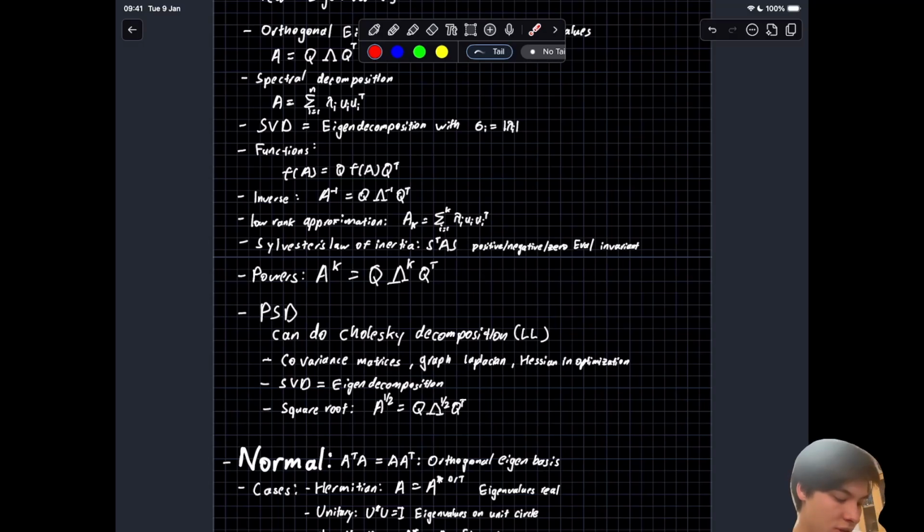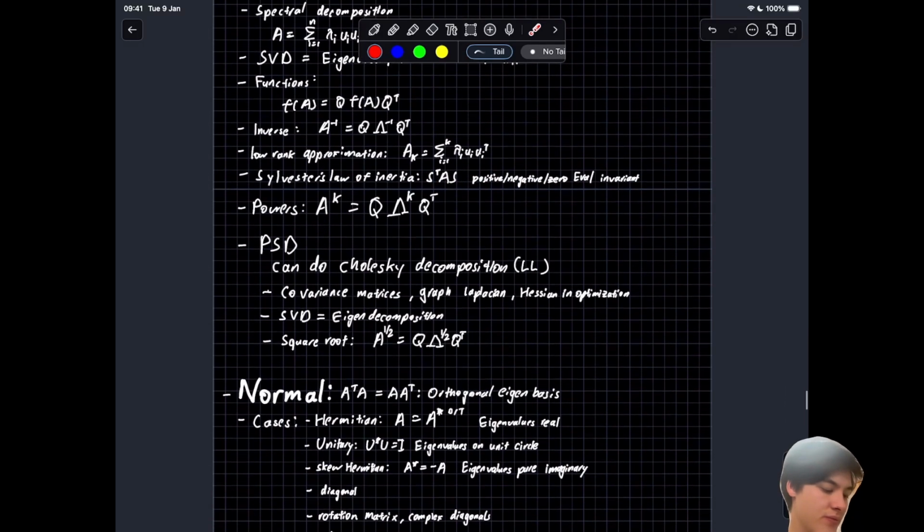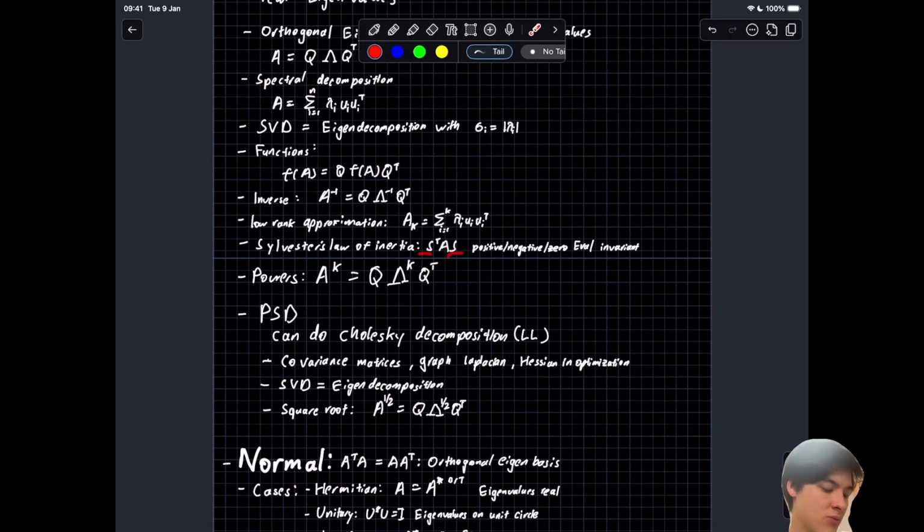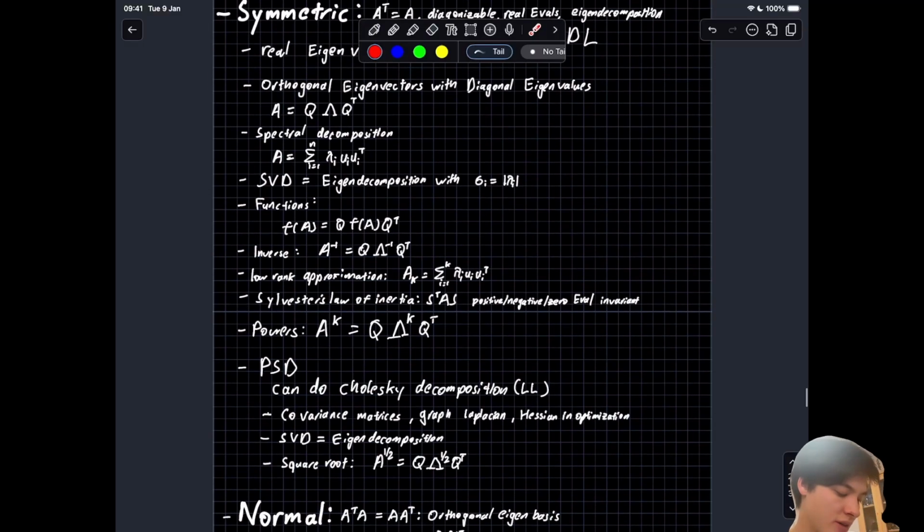Yeah, there's Sylvester's law of inertia. That means the number of positive, negative, and zero eigenvalues stays the same if we have similar matrices. That means just multiplying on each side with S, and S transposed. The powers are easier to calculate because we can just use the power on the diagonal.